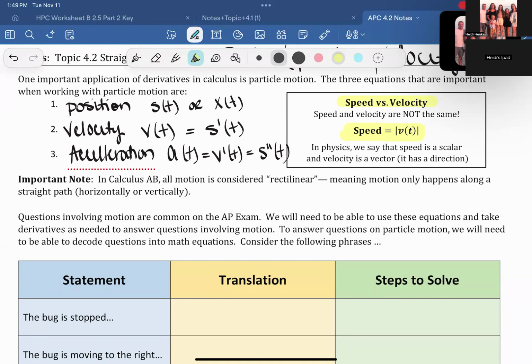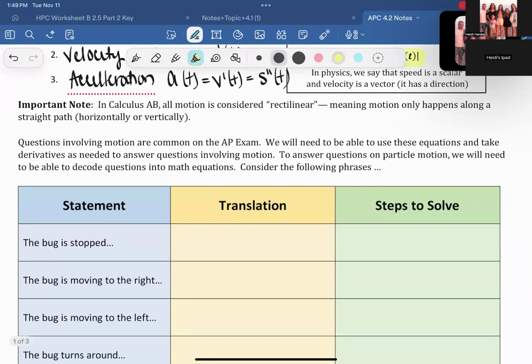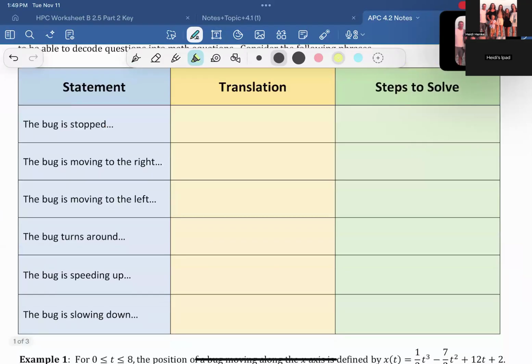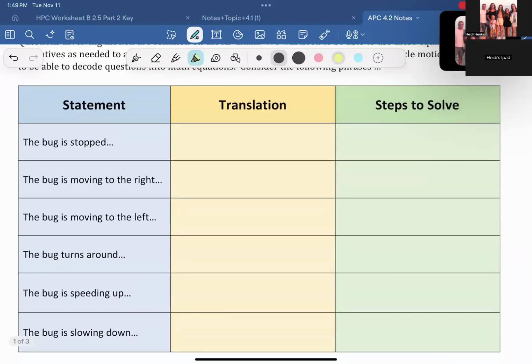We will need to be able to use these equations and take derivatives as needed to answer questions involving motion. To answer questions involving particle motion, we will need to be able to decode these questions into math equations considering these phrases. So looking at this chart, which is a great chart, I usually don't like the charts, but I like this one. They're talking about a bug walking along a straight horizontal path. Sometimes he's moving right, maybe then he turns around and goes back left.